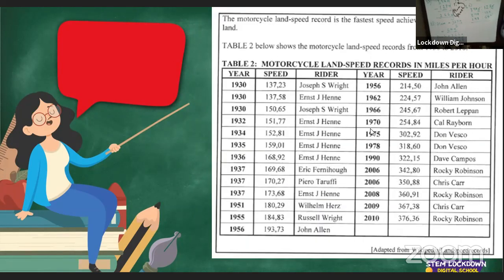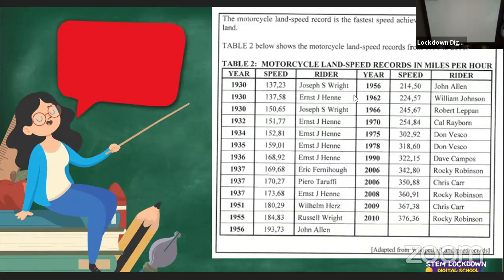Okay, I have another question for you guys. I have here a table that shows the motorcycle land speed record from 1930 to 2010. So we are going to analyze these records.